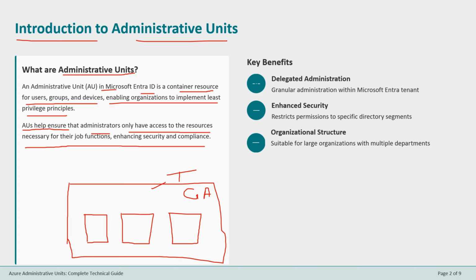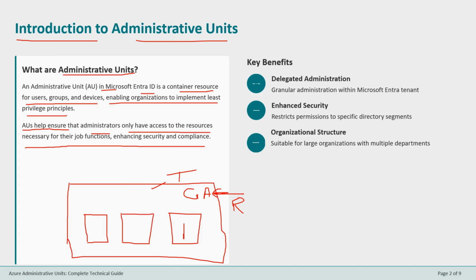But we have one more type of administrative unit, that is the restricted administrative unit. We will check that out also. If that is a restricted administrative unit, then this global administrator of the tenant could not have access to this restricted one.